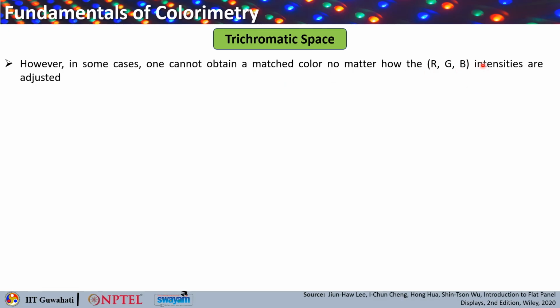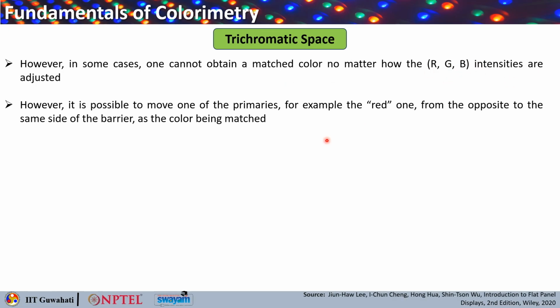However, in some cases it may happen that one cannot obtain a matched color, no matter how the capital RGB intensities are adjusted. In such cases you can move one of the primaries, for example the red one, from the opposite to the same side of the barrier as the color being matched.